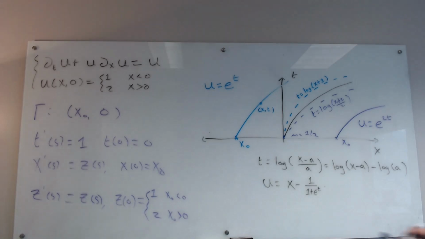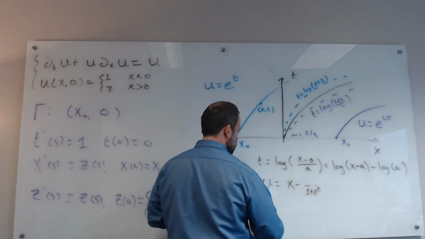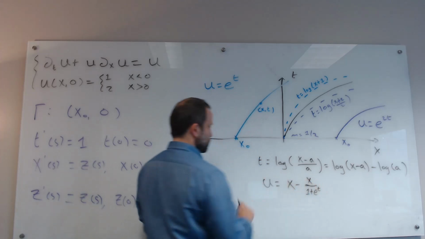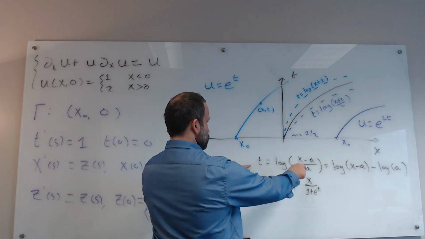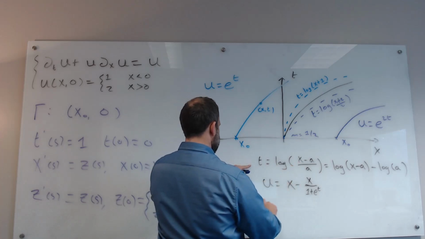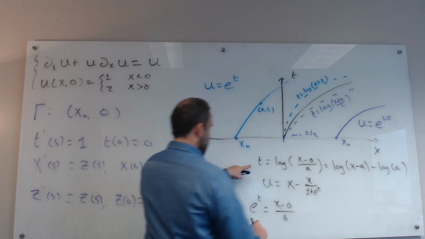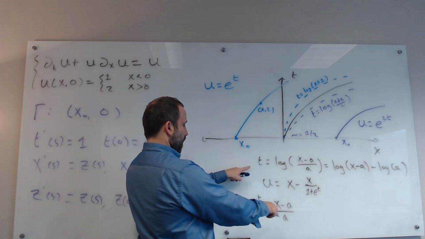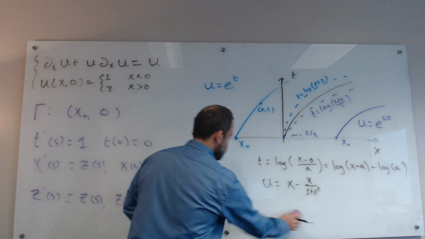Okay, and yes, sorry. I thought there was a mistake here, so I checked my notes, yes. Just to recap, there was a mistake here. If you want to solve this for a, you have e to the t is equal to x minus a over a. When I moved everything over, I just forgot about the 1 when I divided by the 1 plus e to the t. Anyways, this is the solution.